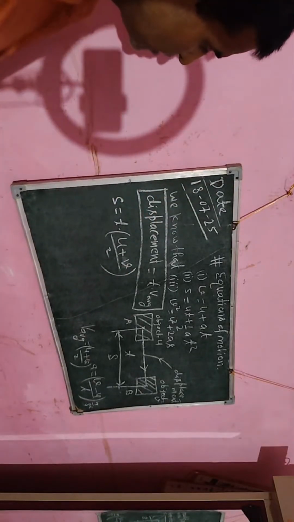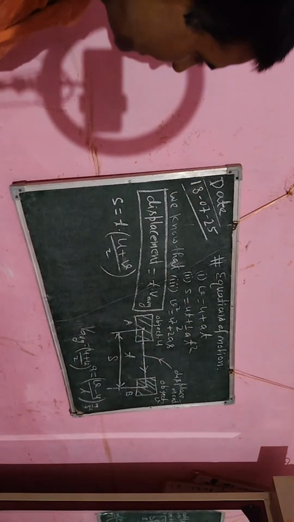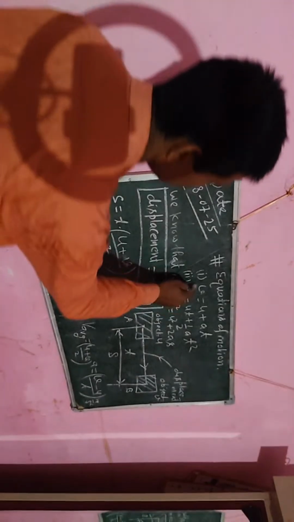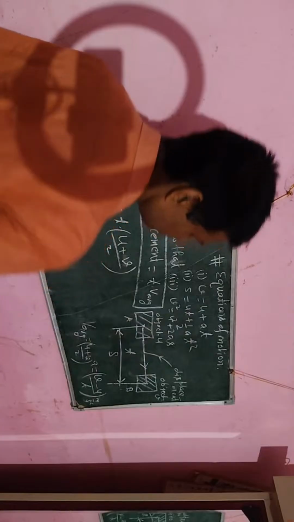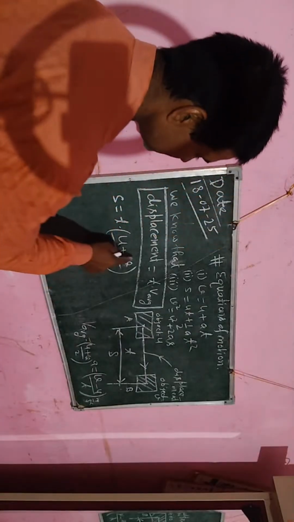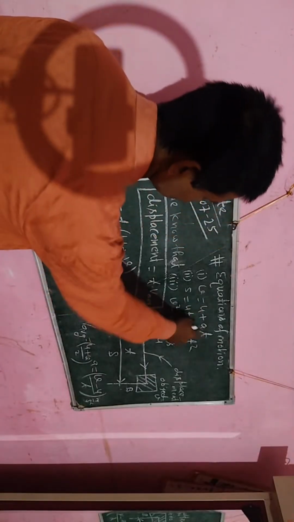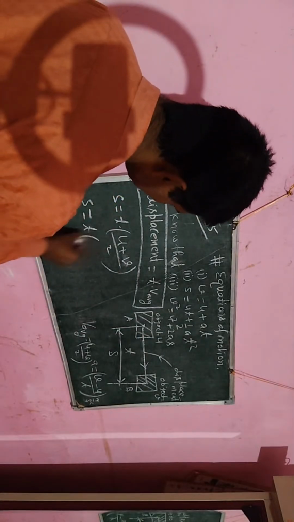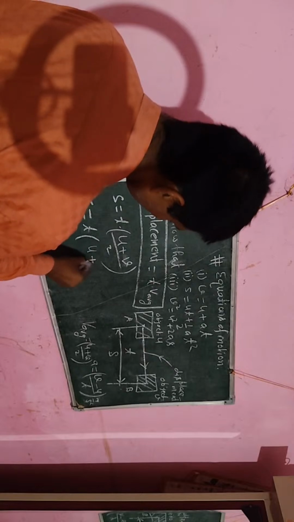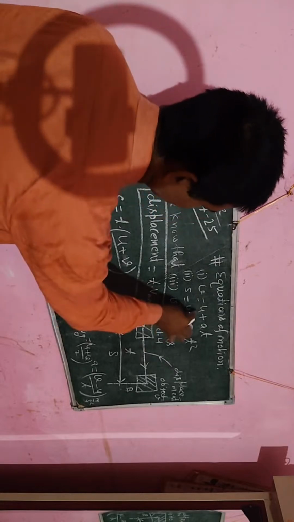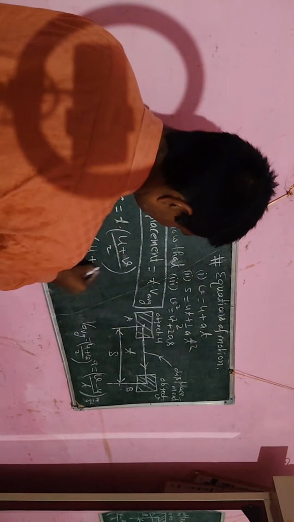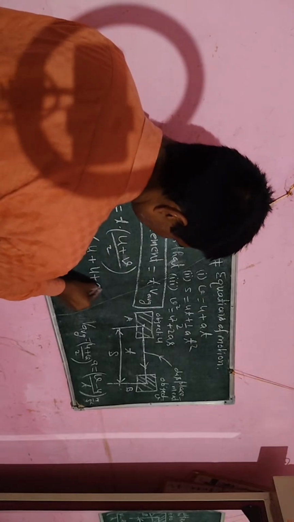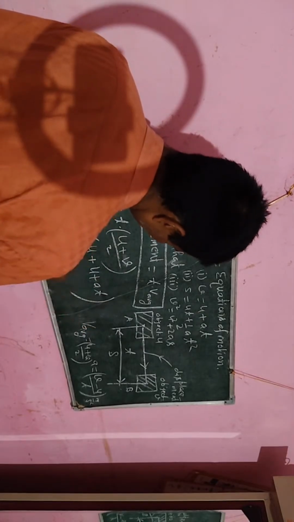Now in the first equation of motion I have got v is equal to u plus at. So in place of v I write u plus at. Further I write s is equal to t times the bracket (u plus (u plus at)) divided by 2.